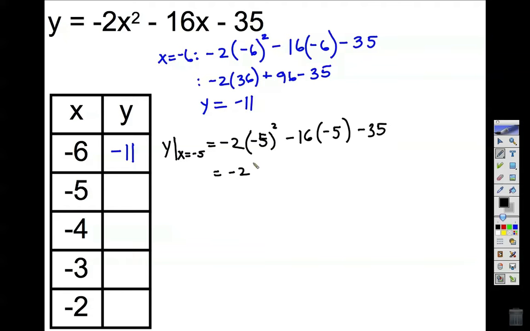So that's -2 times 25 plus 80 minus 35. Again, when we do this in the calculator, this is equal to -5.